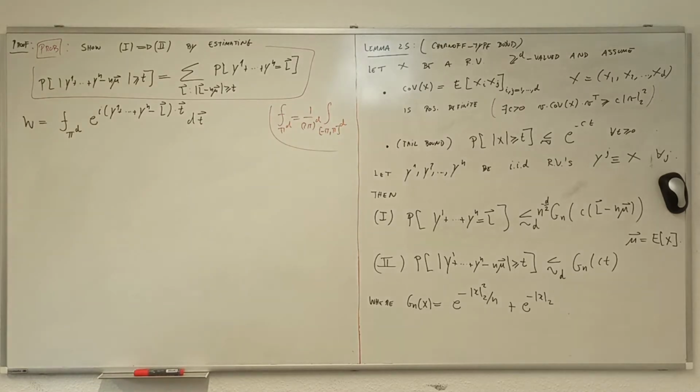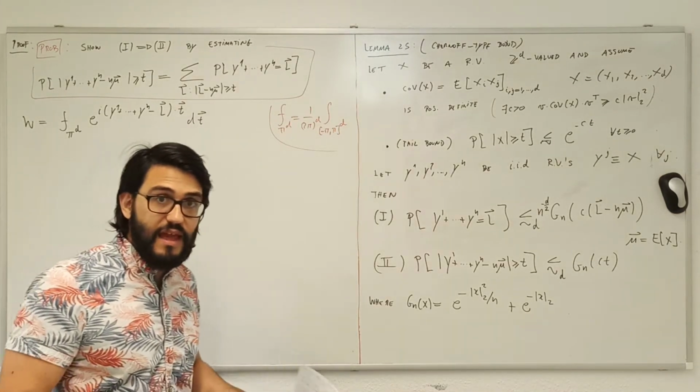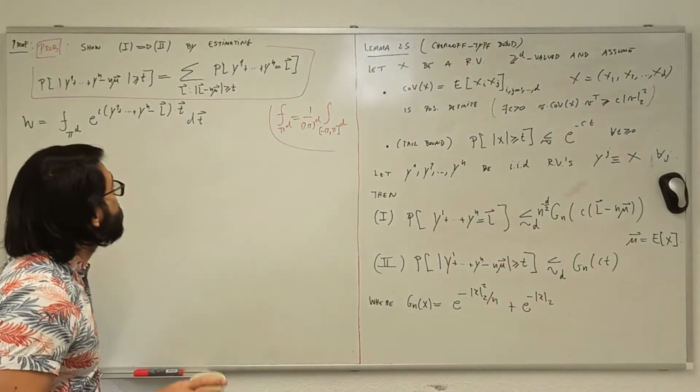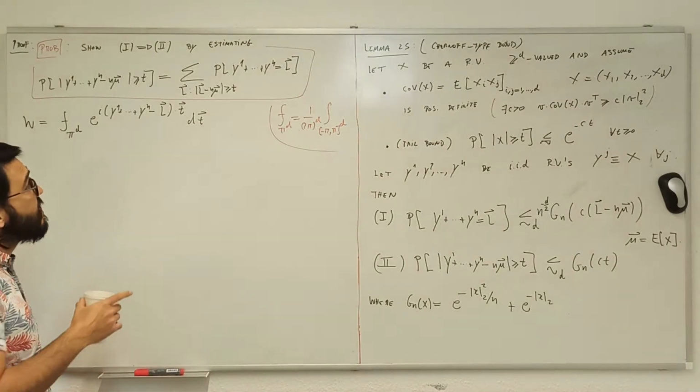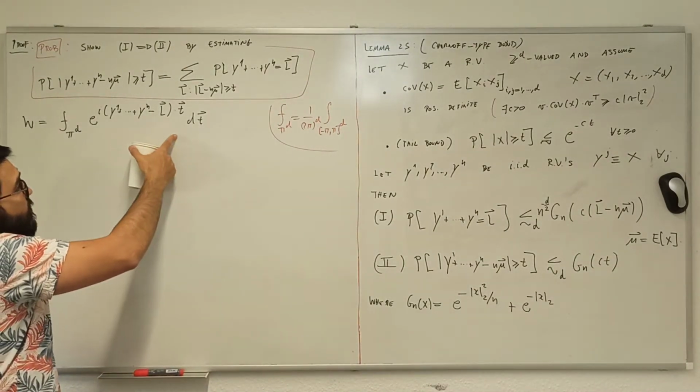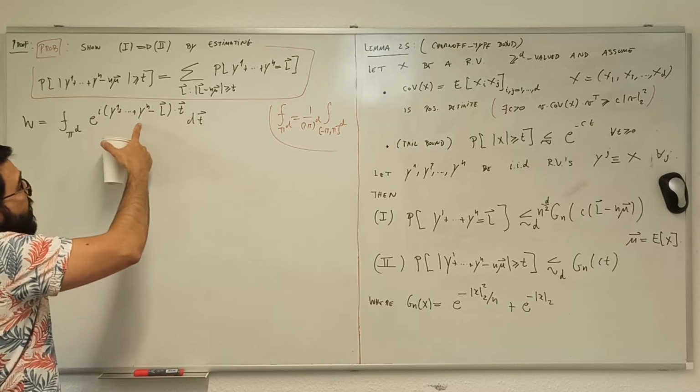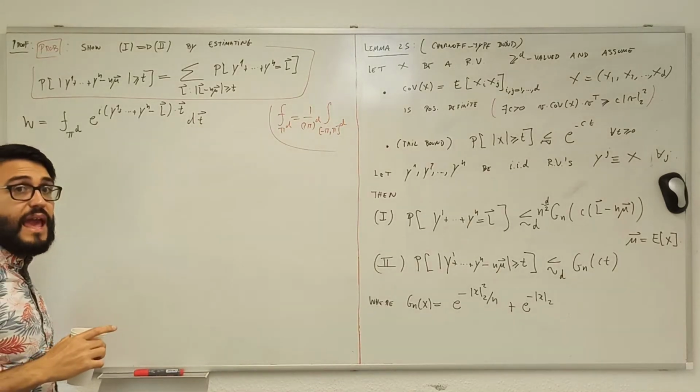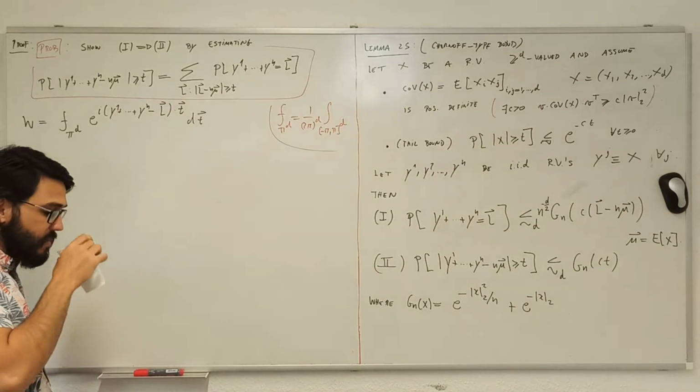Okay, so what you realize now is that this new random variable is exactly 1. So this integral will always be 0 unless the sum of these vectors here equals L. And if that's the case, the integral is 1.